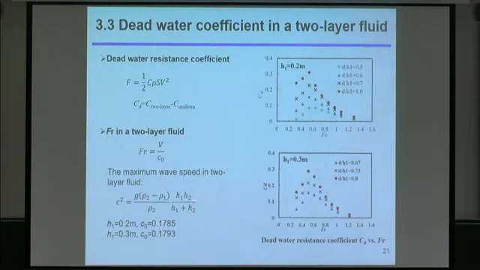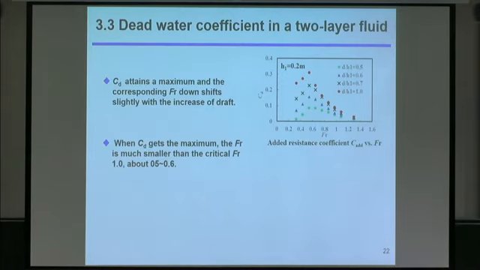And here we can find the trend is also very clear. This one is a shallow draft and this is a deep draft. These two situations actually have similar results.